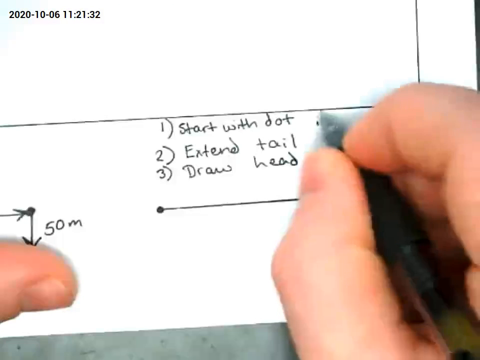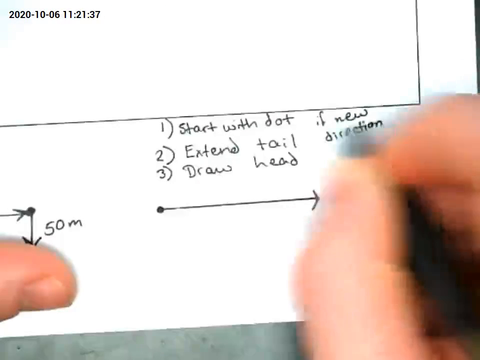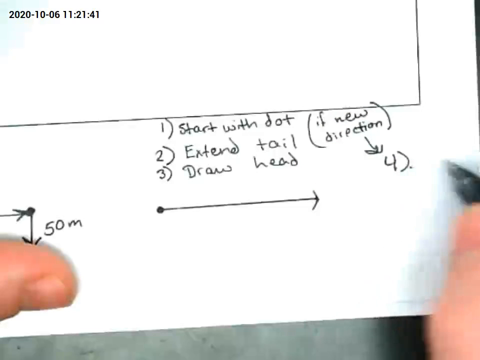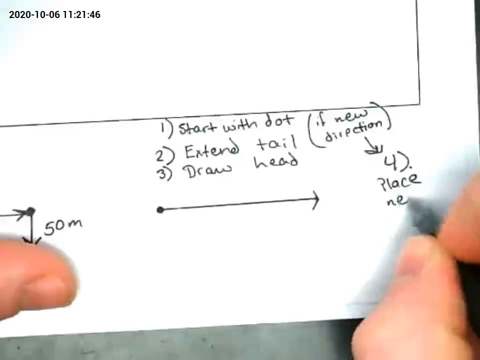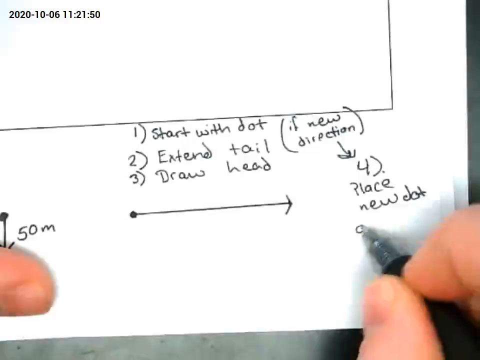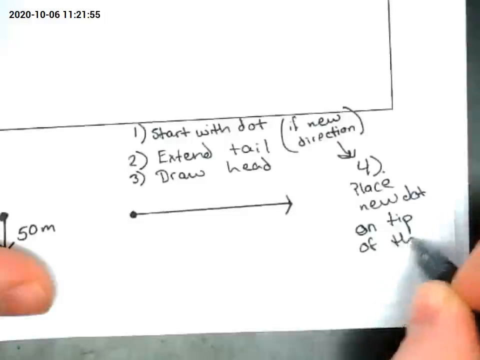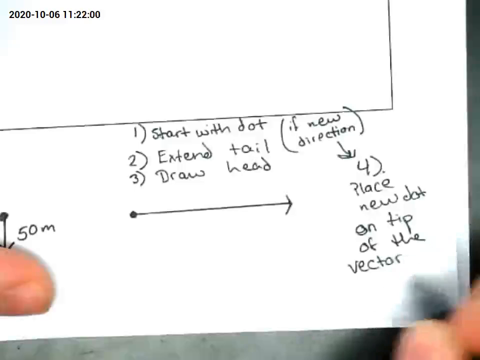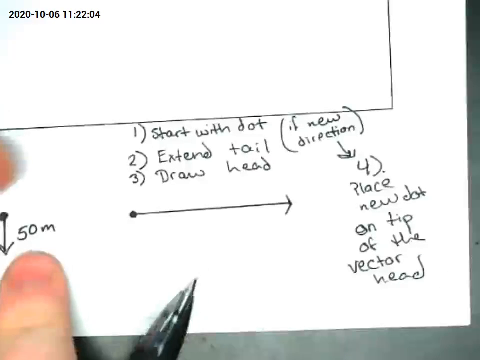If we're now moving in a new direction, then the fourth thing is you're going to place a new dot on the tip of the previous vector head, which is what we did over here.